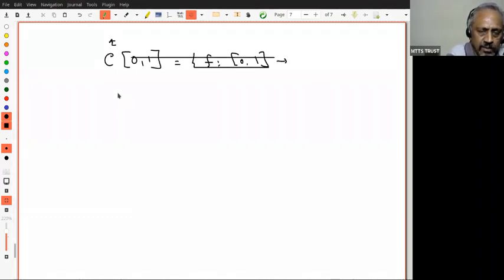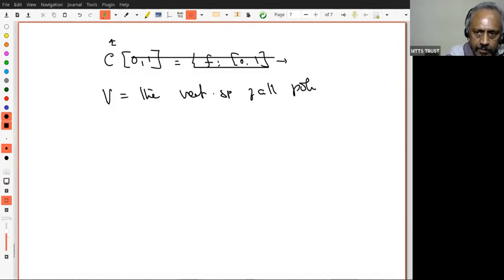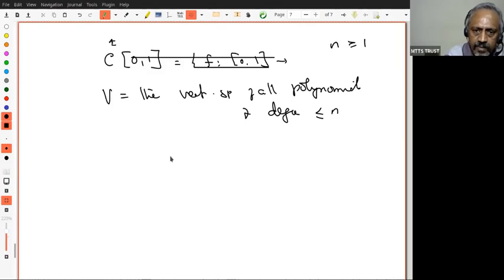Let V be the vector space of all polynomials of degree less than or equal to n, where n is a natural number greater than or equal to 1, and W to be all polynomials of degree less than or equal to n minus 1. Then I have an obvious map from V to W.